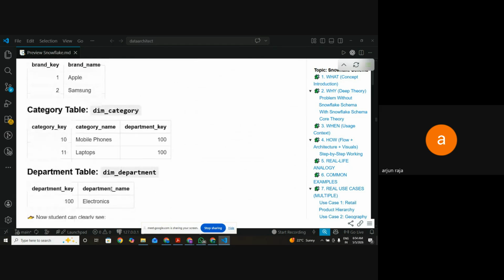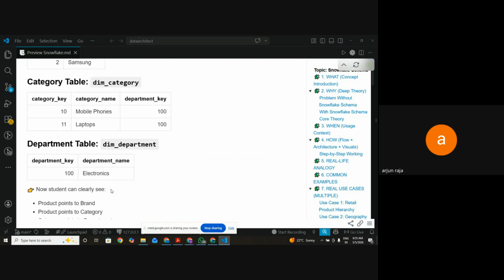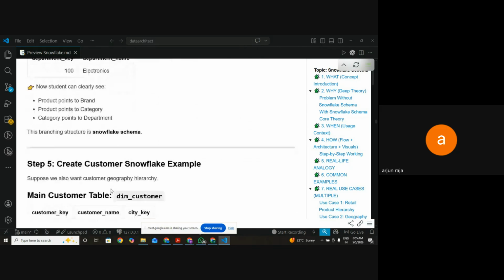So brand and category both are split: mobiles, laptops, and department also. Three things are separated. Understood.